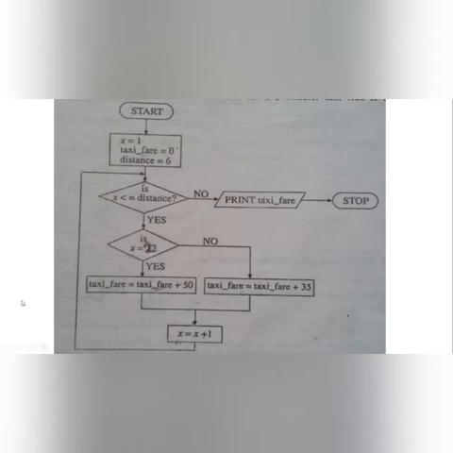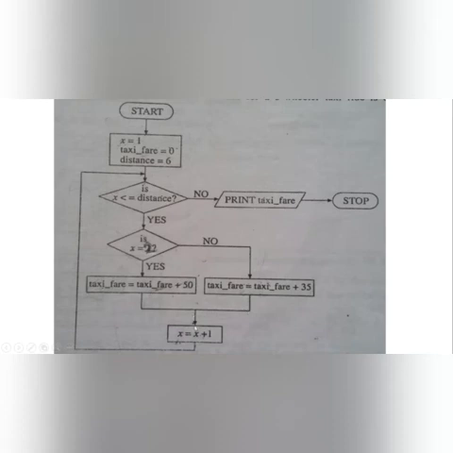And in the other boolean, they're asking us, is x equal to 2, or is 4 equal to 2? The answer to that question is no. Hence, we follow the no path. And in the process, they're telling us the new taxi fare is equal to the old taxi fare plus 35, which means the new taxi fare is 120 plus 35, which is 155.